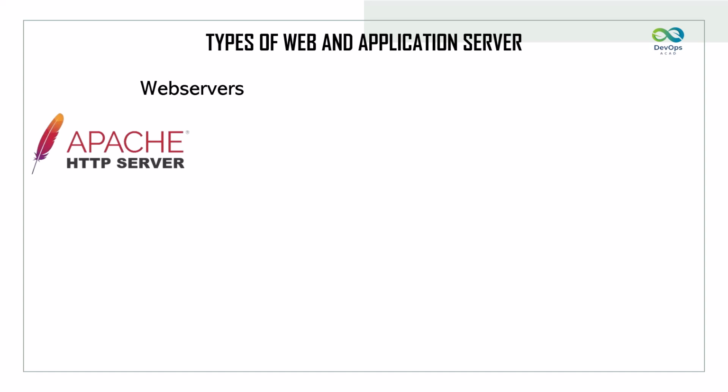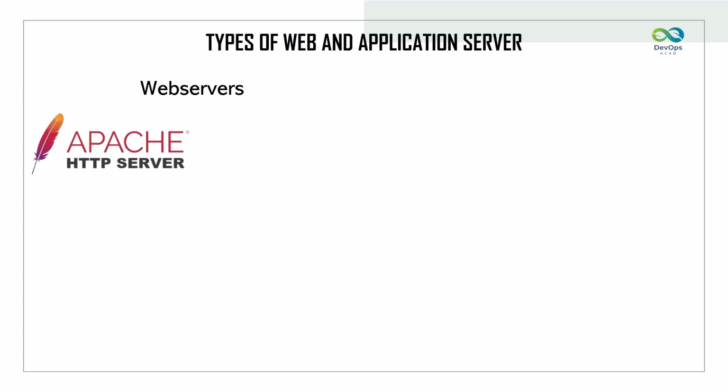One of the reasons why it's popular is because it's customizable, which means you can modify it. You can have multiple sites using the Apache web server, site A, site B, and each of them will have their own respective domain name. So it's highly customizable.